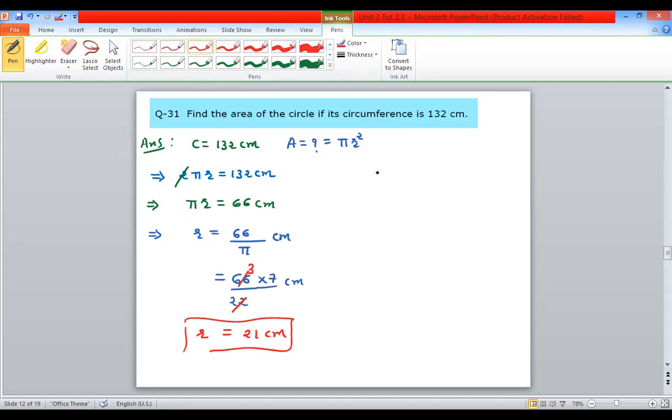Put the value in the formula. Area is equal to pi r square. It's 22 by 7 times 21 two times. 7 and 3 cancel. It's 66 into 21. Take the multiplication.